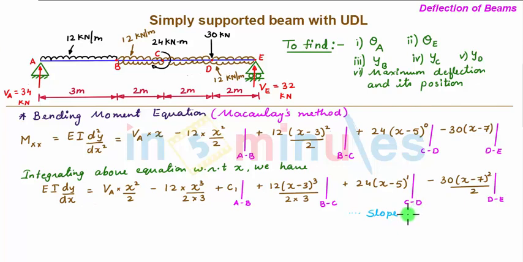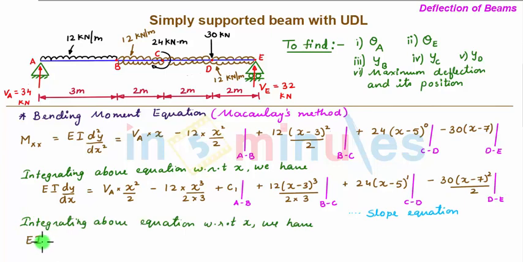In this equation we have the dy by dx term, so this equation can be called a slope equation. Now again integrating the slope equation with respect to x, we have EI multiplied by y is equal to VA into x cube by 2 into 3 minus 12 into x to the power 4 by 2 into 3 into 4 plus C1 x plus C2, where C2 is another constant of integration which will be put under first partition.